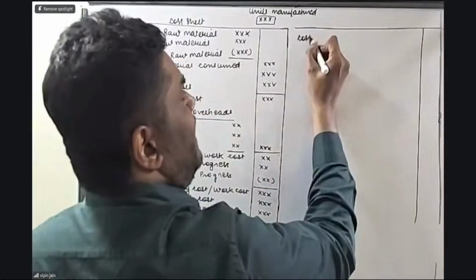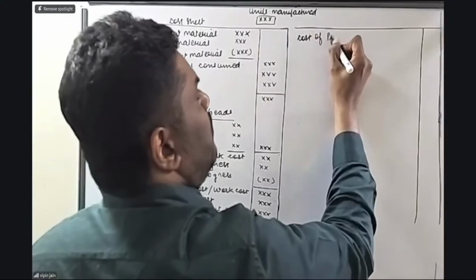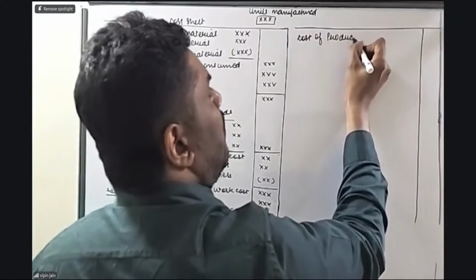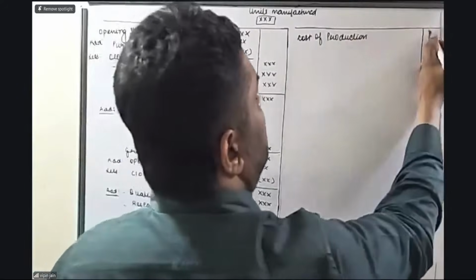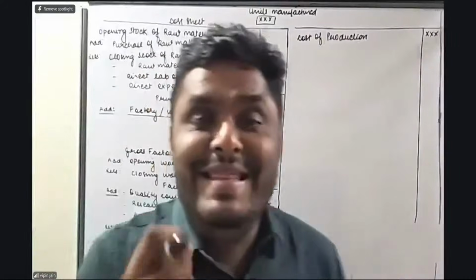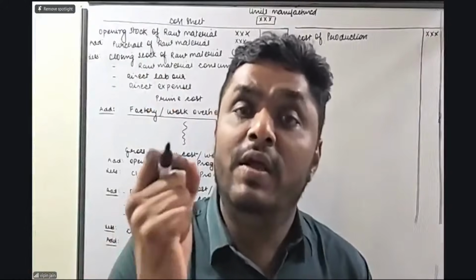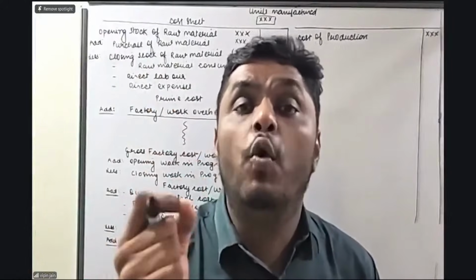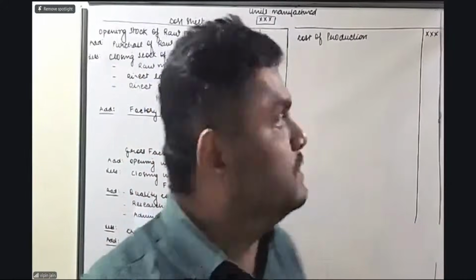So we have already calculated the cost of production. In this cost of production, we will make adjustments of opening and closing stock of finished goods.